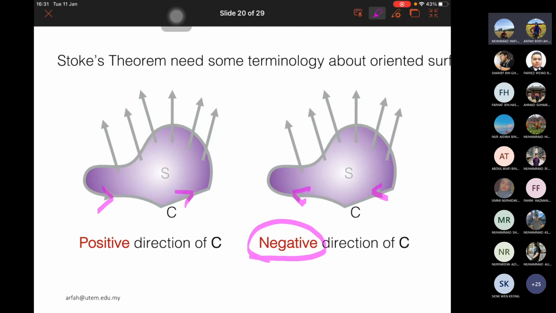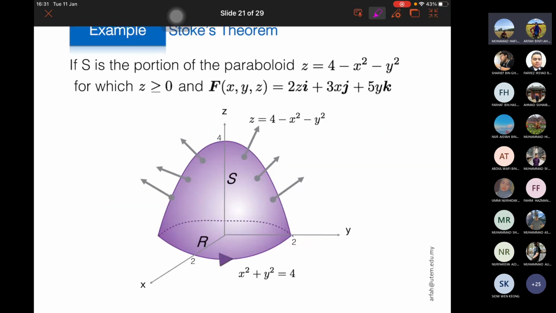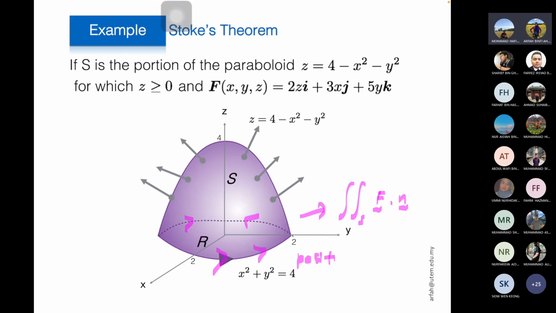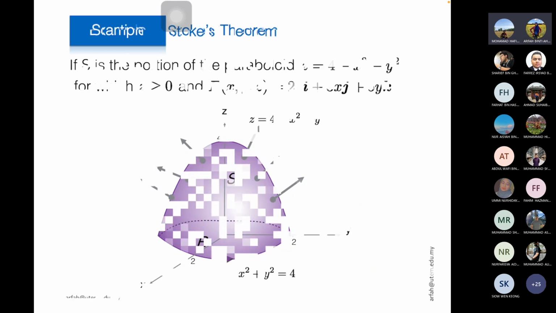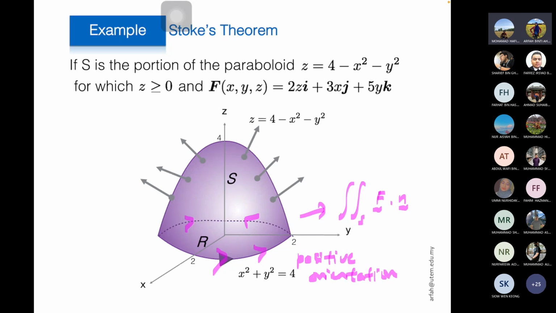But if it is counterclockwise, it will become positive. In this example, it is given like this. The diagram is indeed given by the question. So we will know it becomes the integration over the curve S of F dot N, because it has a positive orientation. For the question we are doing, the diagram does give positive. Usually for Stokes Theorem, the question will state whether the curve C is counterclockwise or positively oriented, or clockwise rotation, having negative orientation.